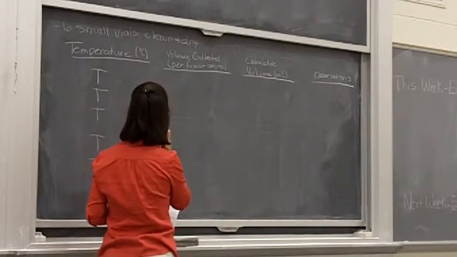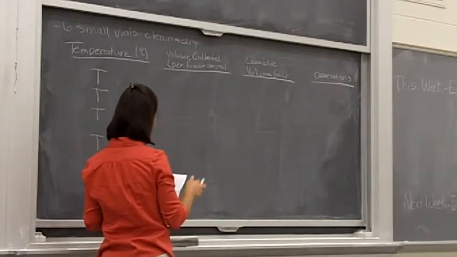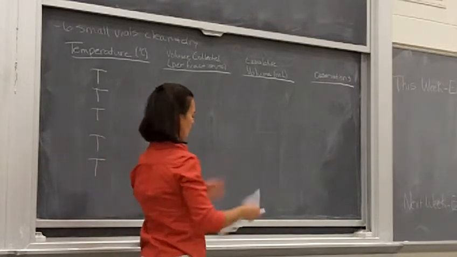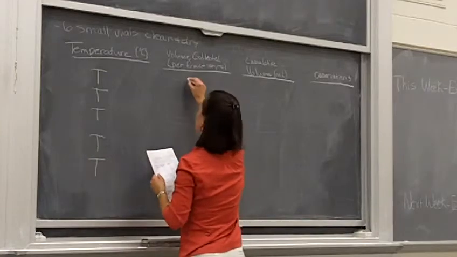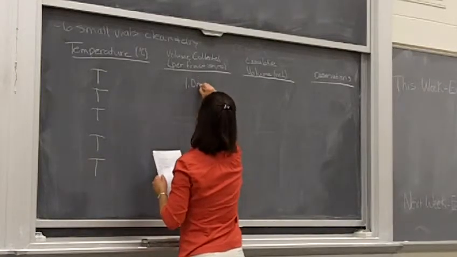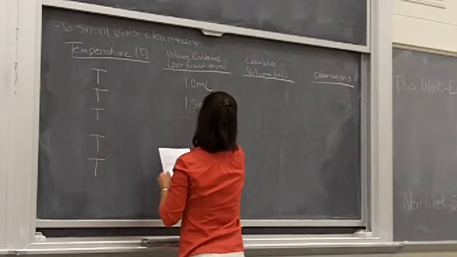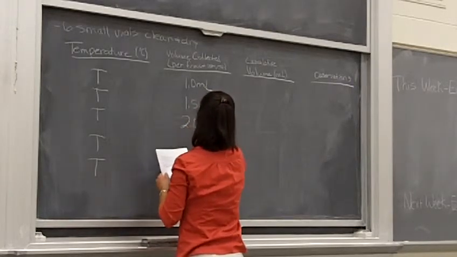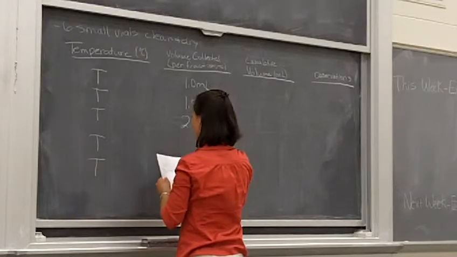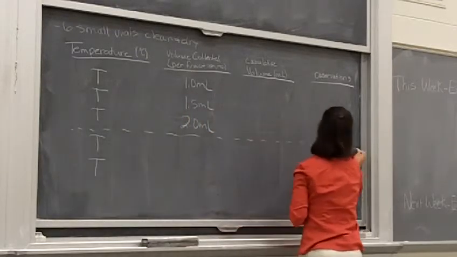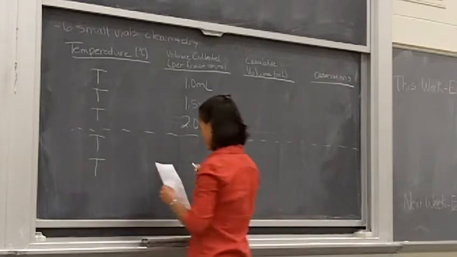And so for this volume collected per fraction, this is just going to be the volume for each individual fraction. Okay, so say, first temperature, we've got a milliliter, and then 1.5 milliliters, and then 2.0 milliliters. And then we switch graduated cylinders. So we decide right here, something's happened with the temperature, we need to switch graduated cylinders.